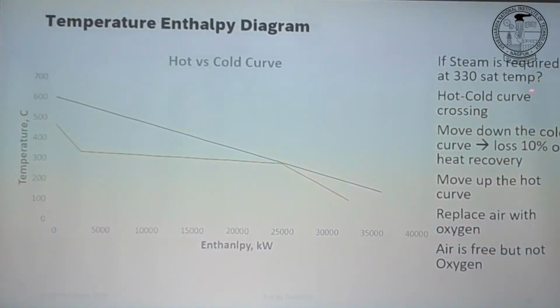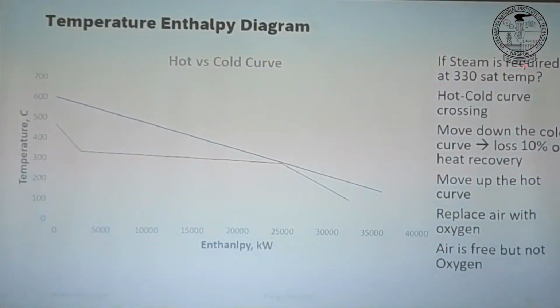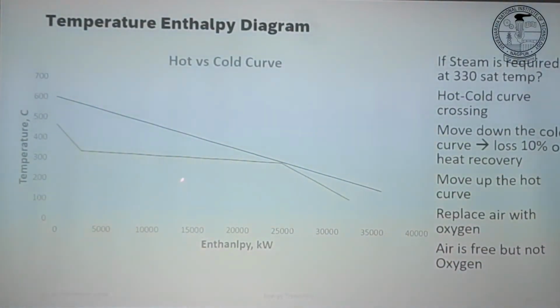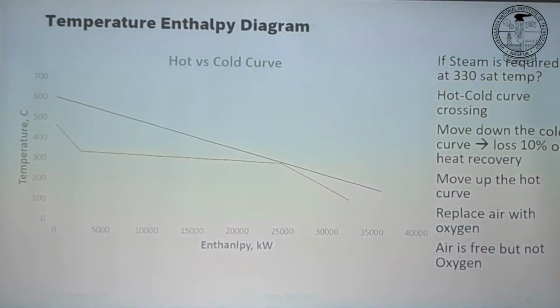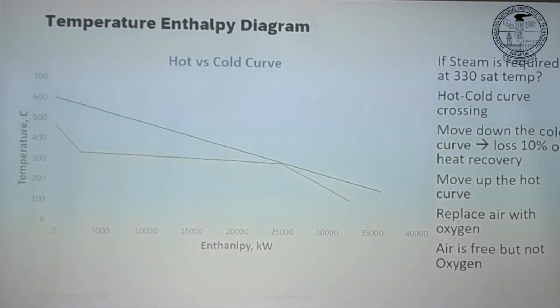Okay, now we say we go even further. We say 285, and say steam is required at 330, right? We saw going from 240 to 285 and satisfying the second law, we ended up with 10% energy loss, not recovered.